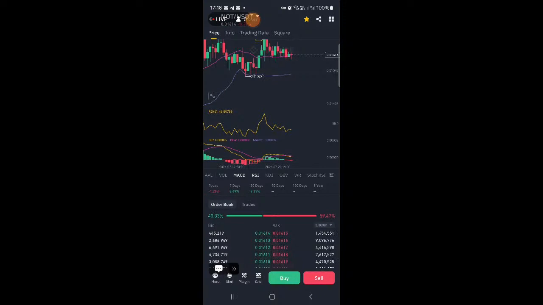Once you look at these three parameters, if they are not falling in place, you simply move over to the next coin and check the one that has more potential to give you more profit. Remember, we are here for the profit. We are not here to just look at a chart and go away. We are here to make more profit, to maximize our profit.